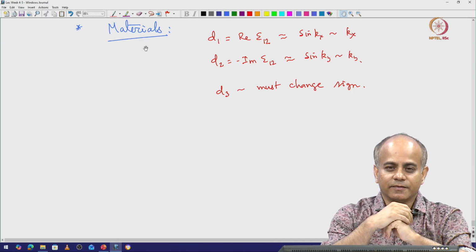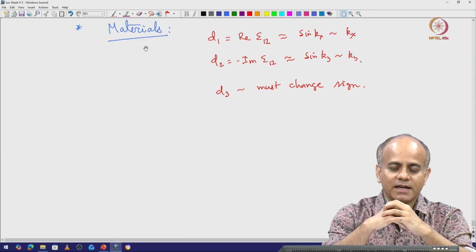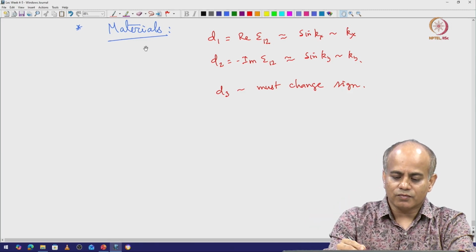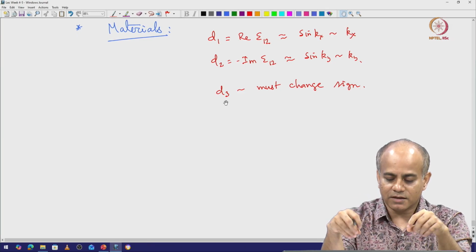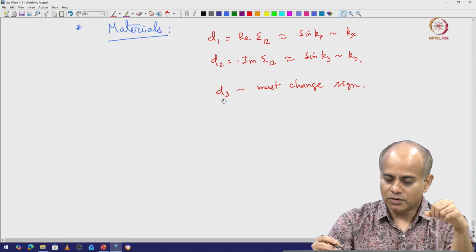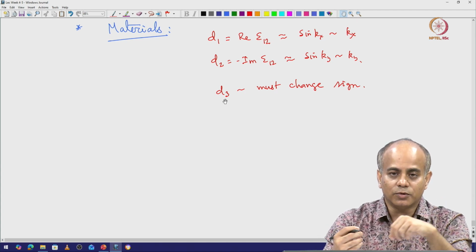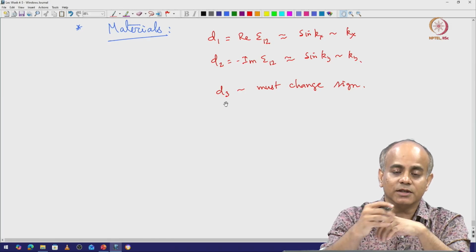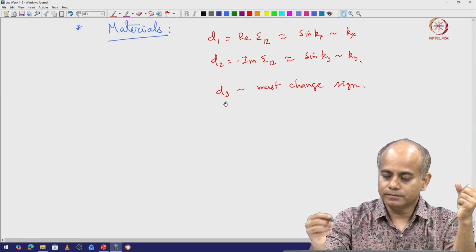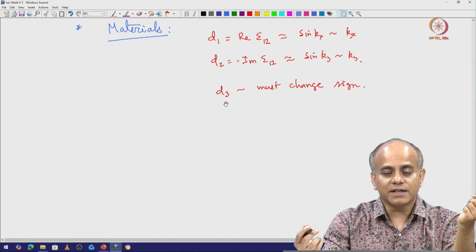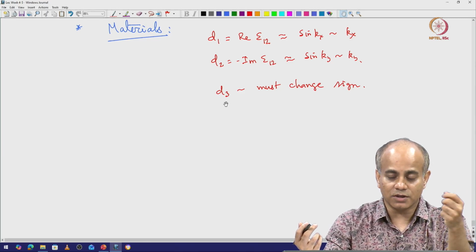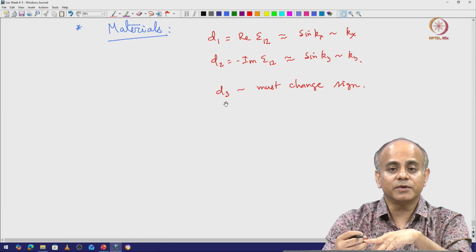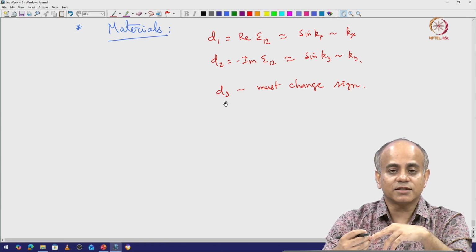We need certain criteria, and the criteria that we figured out is that D1, D2, D3, which were the off-diagonal and the diagonal terms, have an opposite sign between the diagonal components. So these 3 components make a traceless Hamiltonian, and all 3 have to change sign. If they all change sign at the same point, you have a Dirac cone. Those are also topological semimetals, because at the Dirac cone your Berry connection diverges.